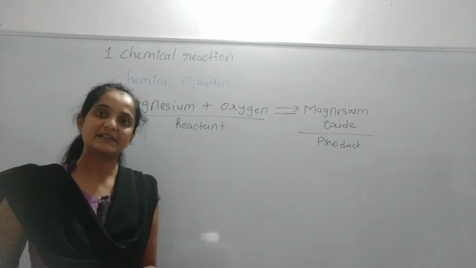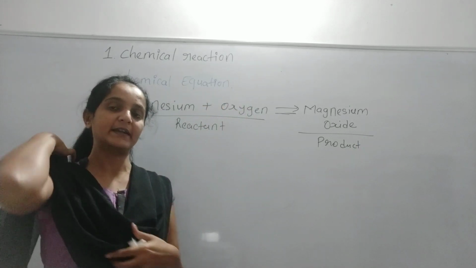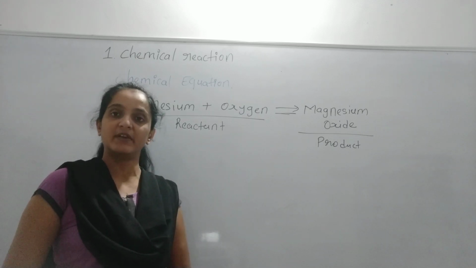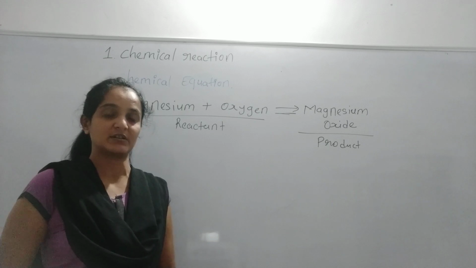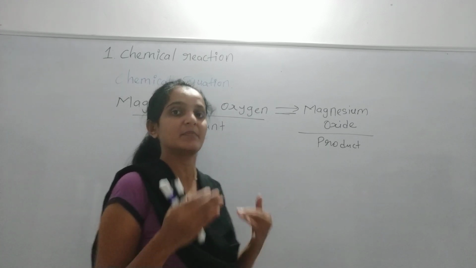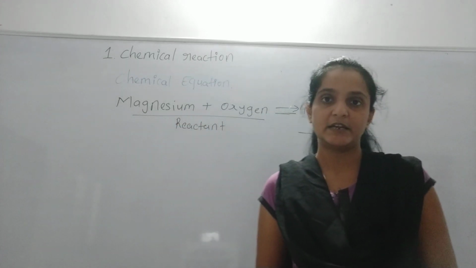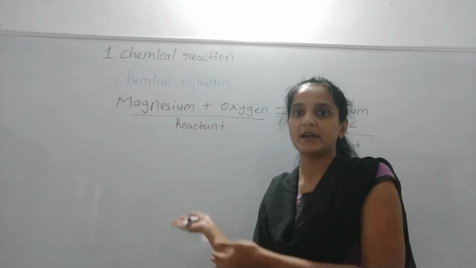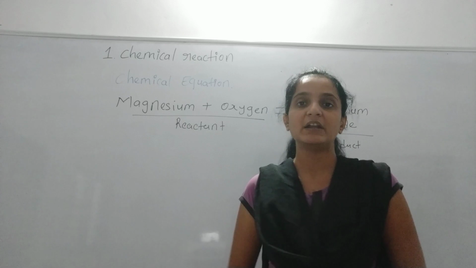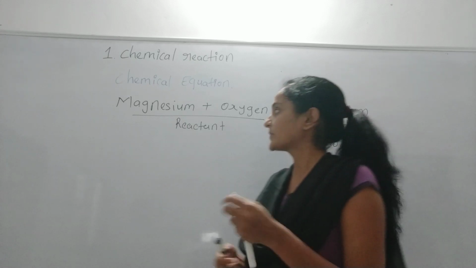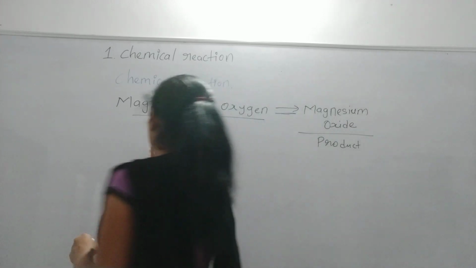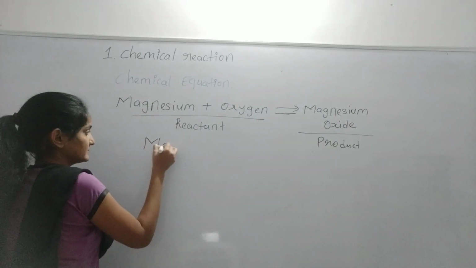But still, it is a lengthy form to write any chemical equation. In a simpler way, we can write this chemical equation by using its chemical formula, the molecular formula. As you all know, the symbol for magnesium is Mg.